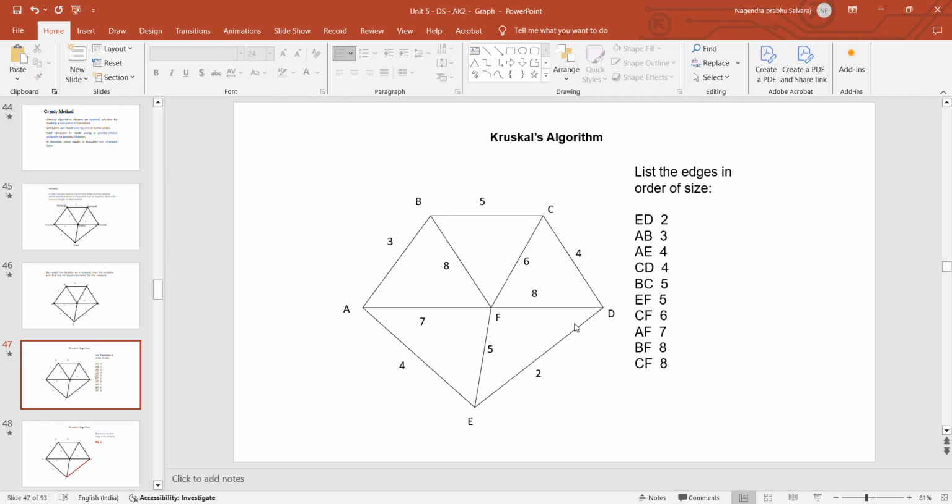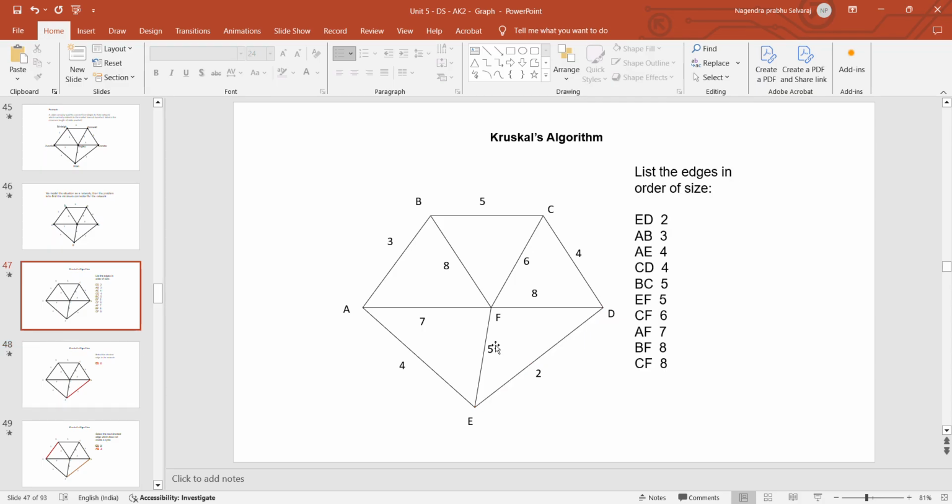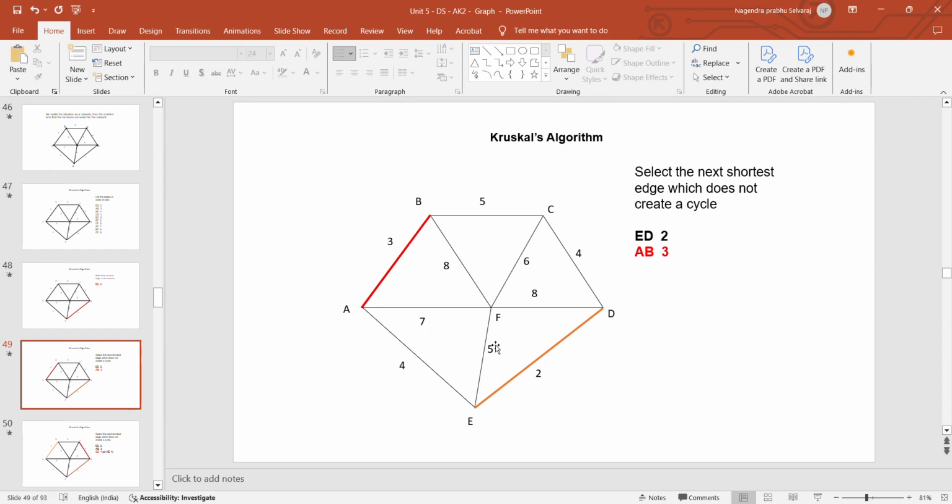Now we are going to the next step. Once you have written everything in increasing order, take from the start. Which one is the minimum? ED. So take ED, mark it, and try to connect all the vertices. If it forms a cycle, you need to stop that. The next minimum is AB. The next minimum is CD or DC. You can put AE also, there is nothing wrong.